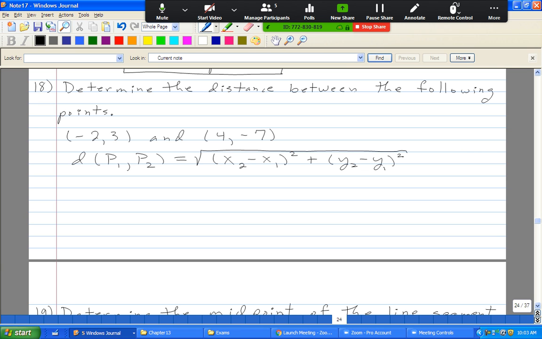So therefore, the distance between these points, let's say that this is x1, y1, and this is x2, y2.